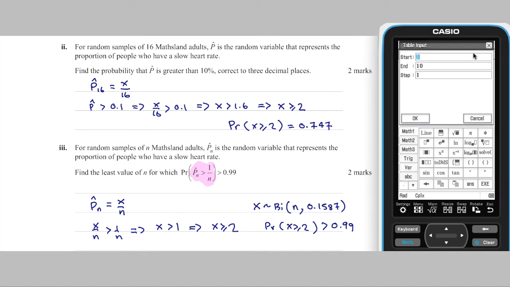I'm going to look at a table of values where x starts at 16. As we know, the probability when n equals 16 was 0.747, and my table is going to extend to n equals 100, and I'm looking for values where the probability exceeds 0.99.